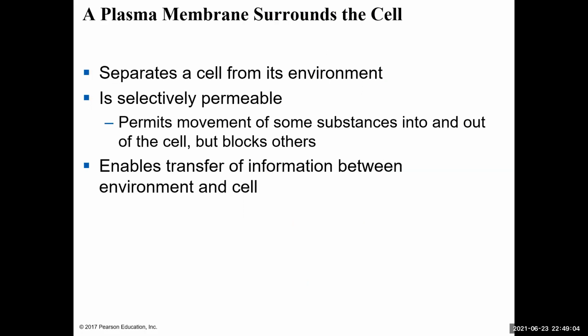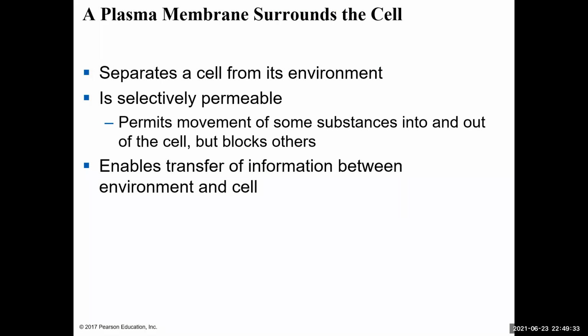Okay. One of the last things we're going to talk about in terms of cell structure and characteristics is the plasma membrane. Like we mentioned earlier, the plasma membrane is really important for determining the flow of material in and out of the cell. It separates the internal portion of the cell from the external portion, the extracellular environment, and it's what we call selectively permeable.